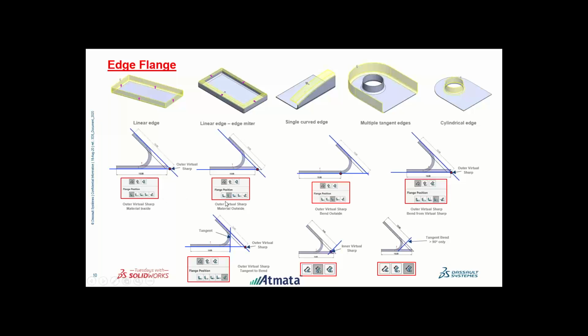One thing to consider is how you want your flange positions to be created. I have described here various flange positions which SolidWorks has, with respect to the virtual shop.